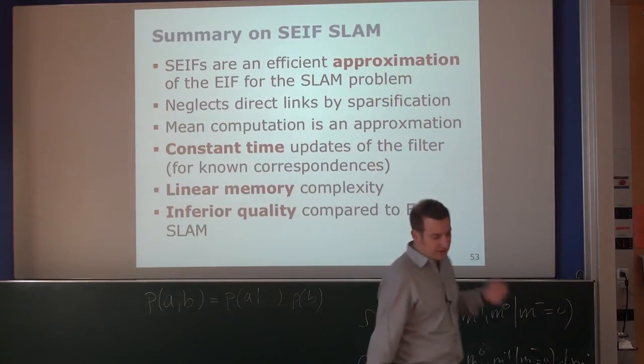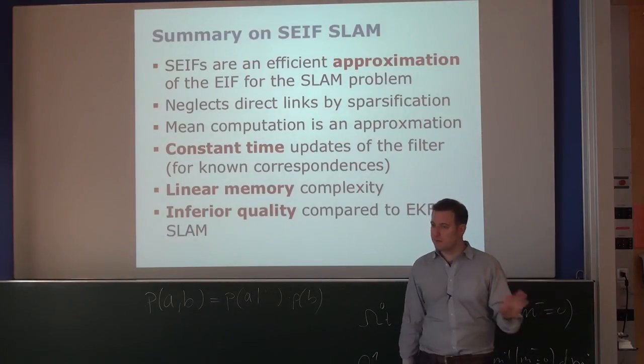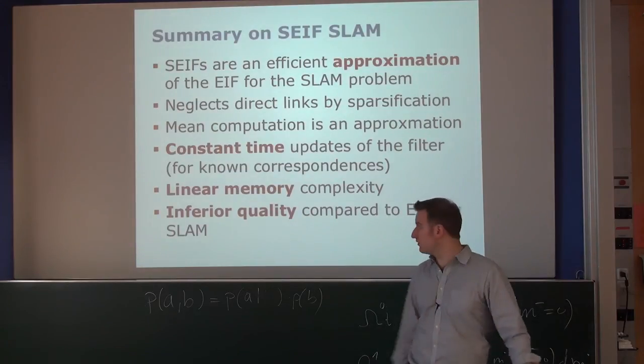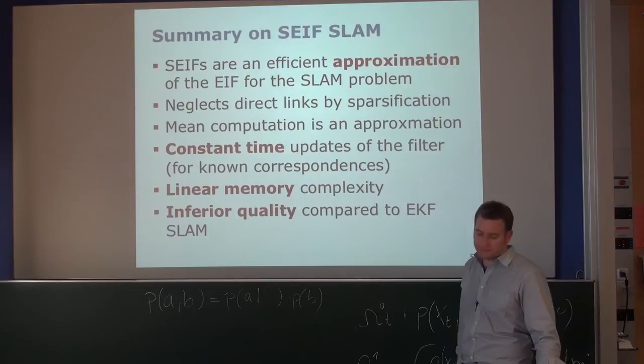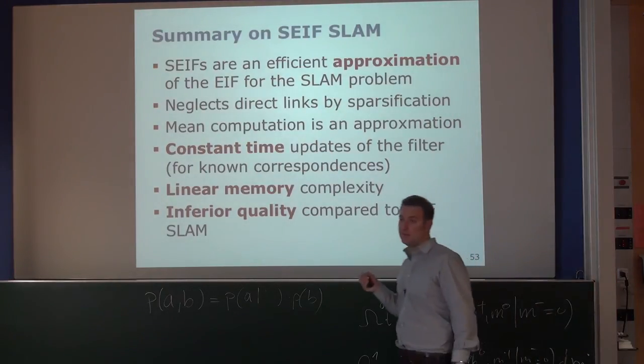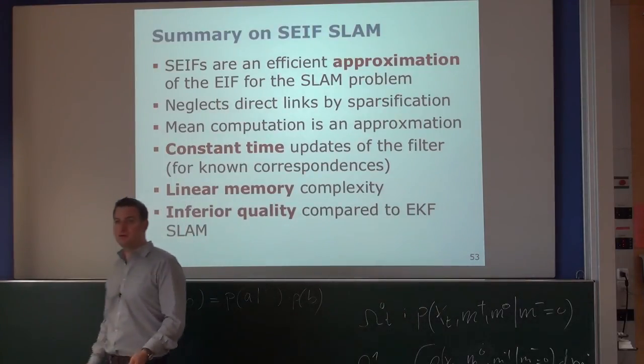You may need to maintain efficient lookup structures like KD trees or something like this that introduce additional complexity, but we can still do that fast. But again, the quality is lower compared to the extended Kalman filter SLAM because of the approximation that I make.